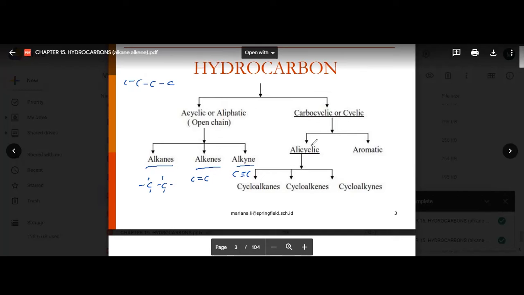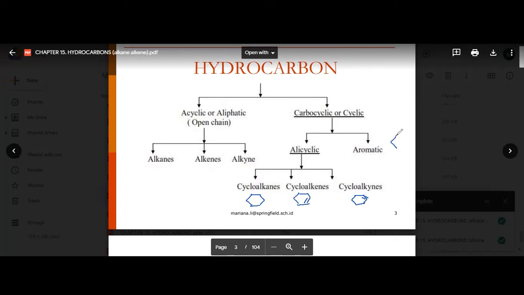And if it consists of a double bond, the double bonds are not conjugated with each other. So it is called alicyclic. Alicyclic can be divided into three, which is cycloalkanes, cycloalkenes, where there is a double bond, maybe one or two. For cycloalkynes, that's a triple bond, but this is rare.